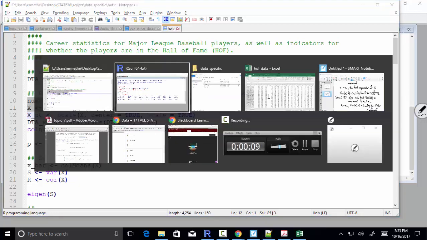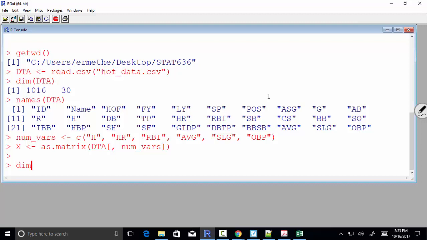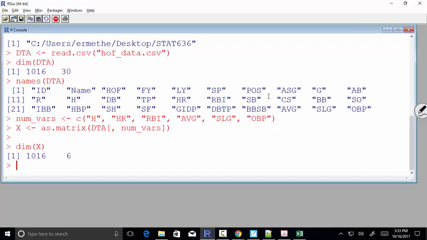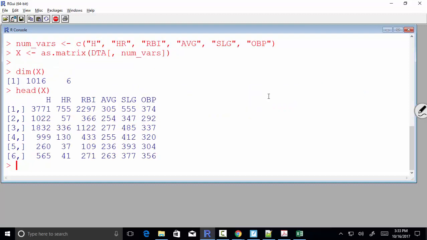So if I run this, I now have just 6 variables. Here's the first so many rows. The names and Hall of Fame, all the other variables are gone. I just have hits, home runs, RBIs, average, slugging, on-base percentage. If I had a way of making a 6-dimensional scatter plot, I could represent the entire data set.